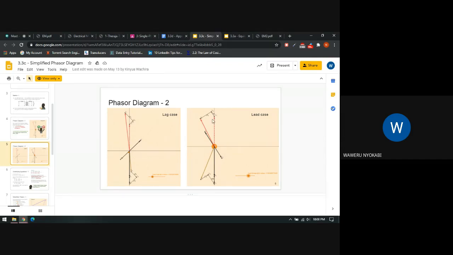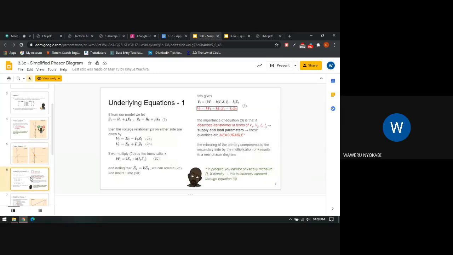So that's what changes. But we haven't finished with the simplification. So you remember I was telling you that because now I naught is trivial, we can easily relate V2 with V1. So this is how we relate. So you remember turns ratio is here.